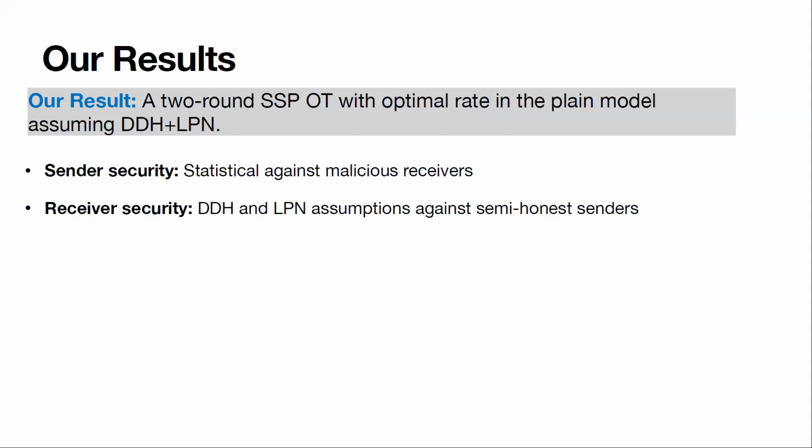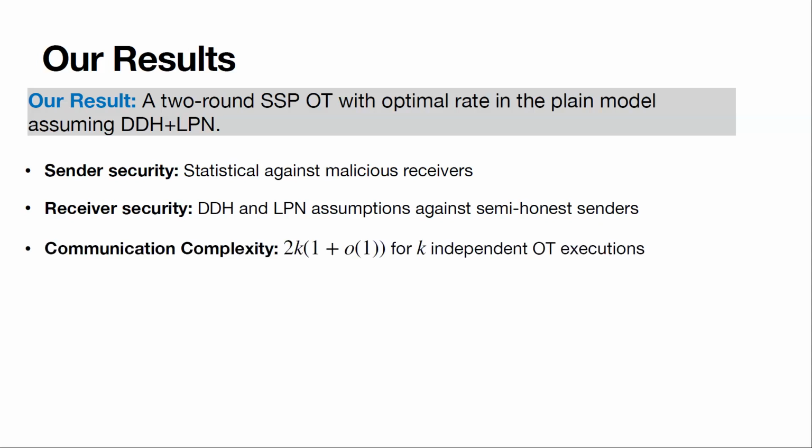It means, in terms of security, that sender security holds statistically against malicious receivers, and receiver security holds under the DDH and the LPN assumptions against semi-honest senders. So this is the SSP property, and in terms of communication, it means that the total communication of our protocol approaches 2K for large enough K, where K is the number of OT executions.